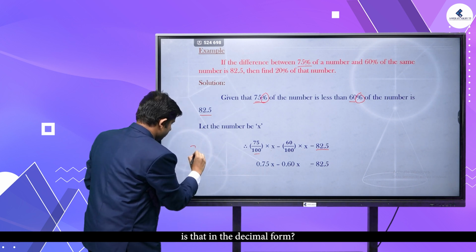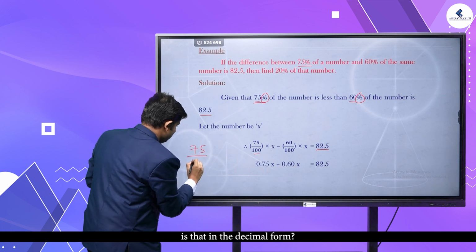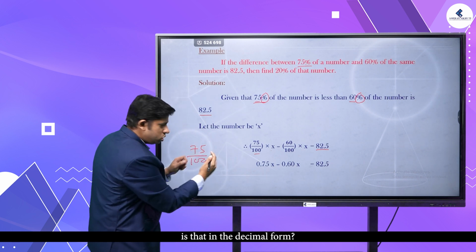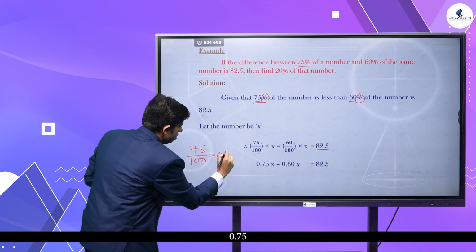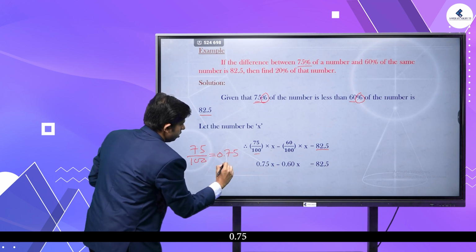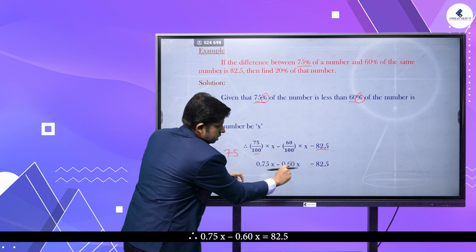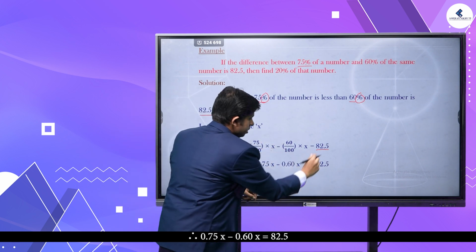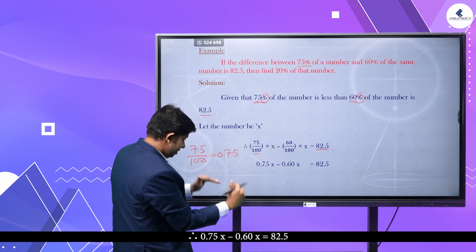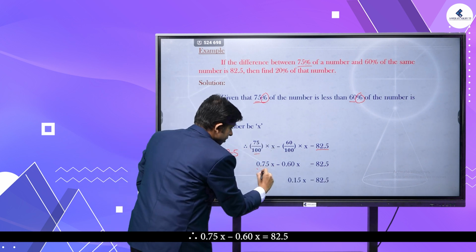75 by 100 is written in the decimal form 0.75. 0.75x minus, in the same way we have 60 by 100 also written as 0.60x equals 82.5.